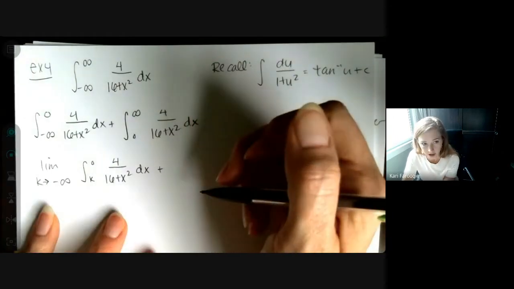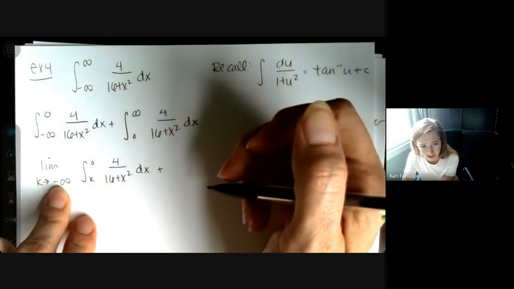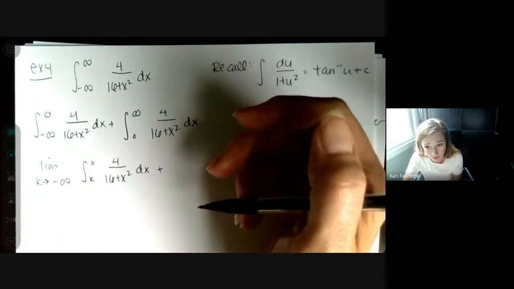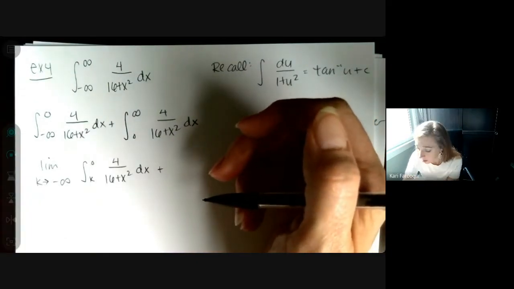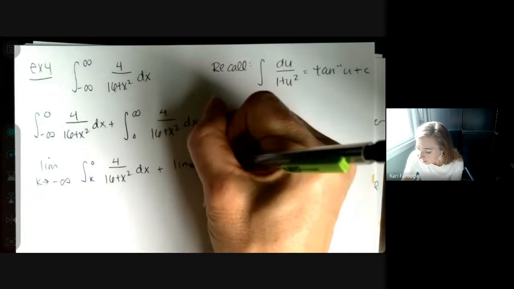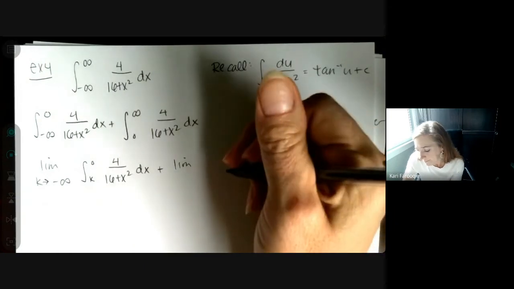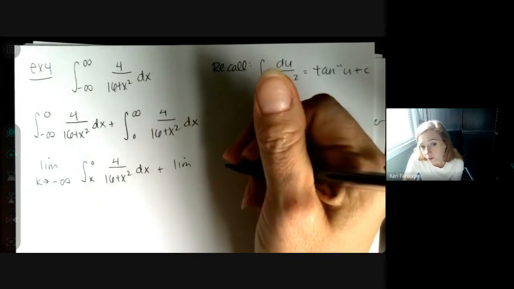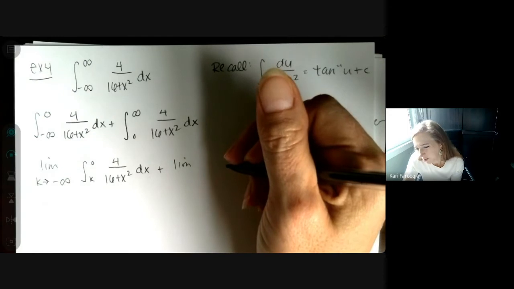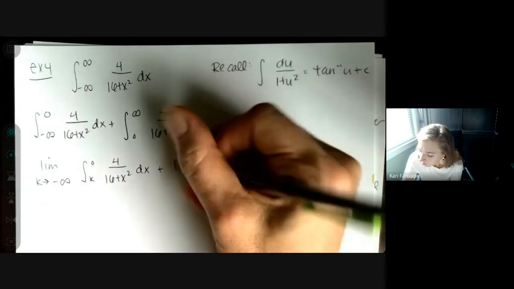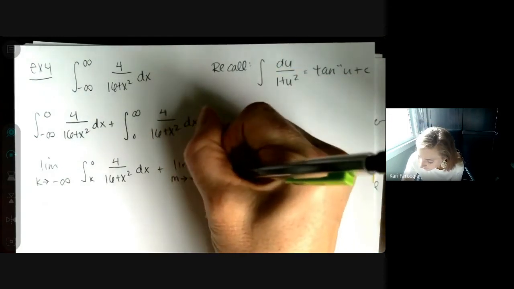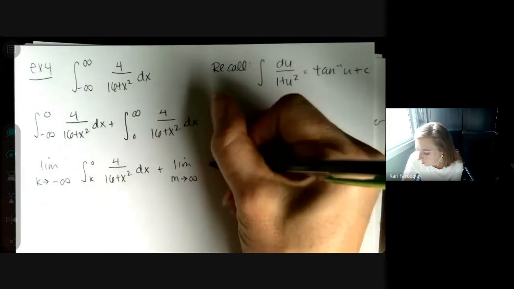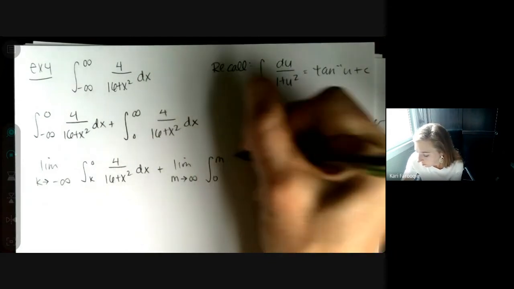I don't want to use k twice because I'm sending k to negative infinity. If I then send k to positive infinity, it's going to look really confusing. So let's take the limit as, you can use m if you want. You can use p, but p is a little tricky sometimes. Maybe I'll use m. I'm going to send m off to infinity, and we'll go from 0 to m.